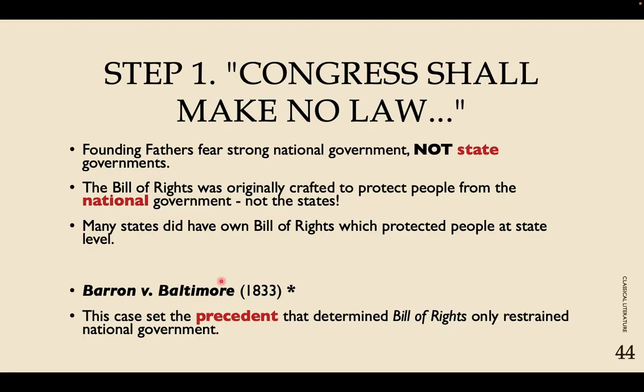So he sues Baltimore, and they don't really bring up the Fifth Amendment, but initially they're arguing that he should be compensated. The mayor of Baltimore and the city council are sued by Barron, but they appeal after Barron is awarded $4,500, I believe, in damages.